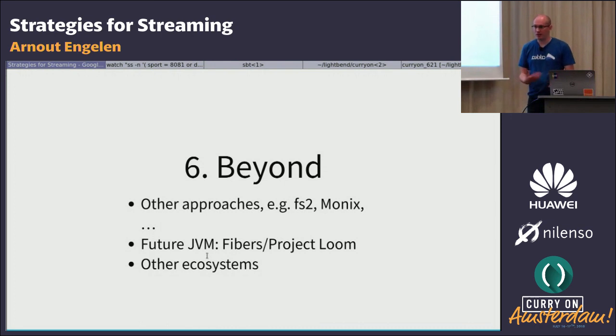That's really exciting. It's not super clear how it's going to work out and how lightweight lightweight will be in practice, but that will be super interesting. And of course, beyond the JVM, other languages are taking radically different approaches to this kind of thing. That's super interesting.